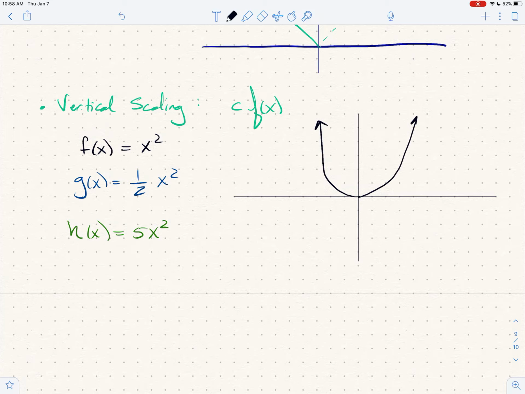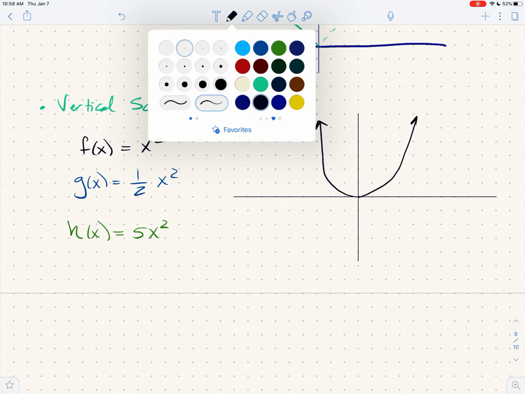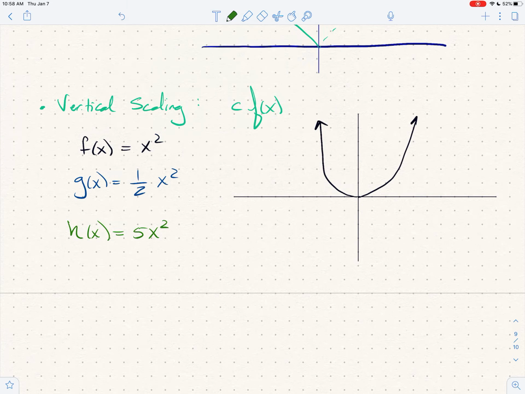These are not perfect graphs. It's all in relation to each other. All right. When you look at h of x, the 5, when you multiply by a number bigger than 1, it's going to stretch you vertically. You're going to get bigger faster. So 5x squared is going to actually grow vertically quite a bit faster than the original f.